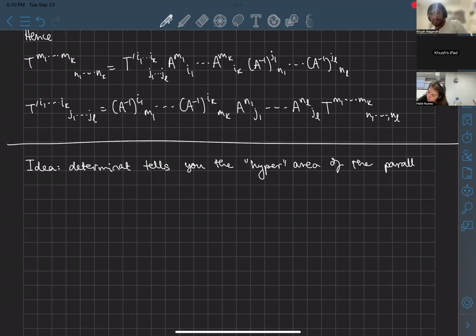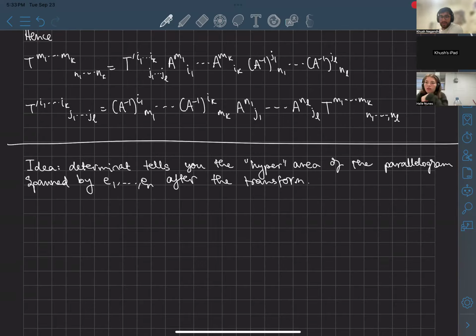Well, I guess it's called a parallelepiped or something like that, but I'll just call it a parallelogram, spanned by some basis E1 up to En, where this is a basis after the transformation.